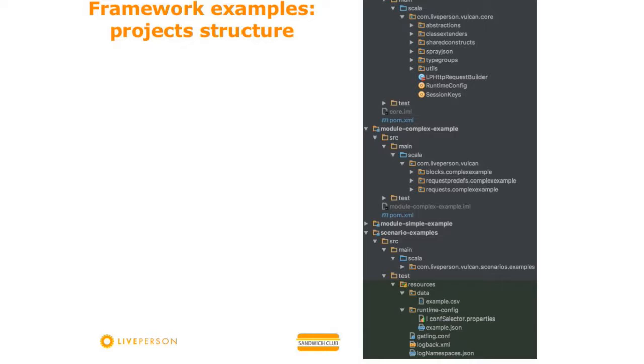It doesn't have to use all the modules, just the building blocks that it would need to assemble scenarios from, and the framework as a dependency. And this module will only contain scenarios, configurations, and the CSVs that you would want to be using.